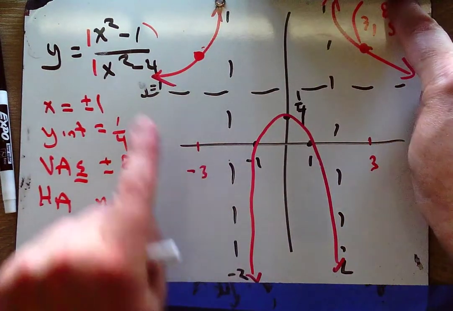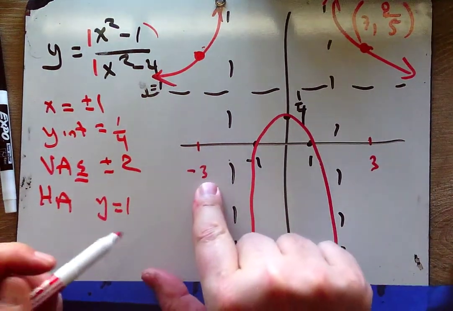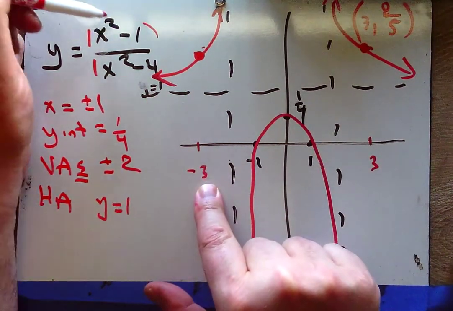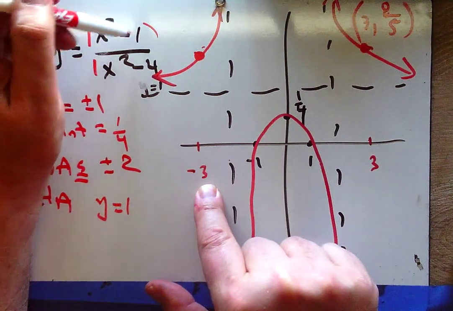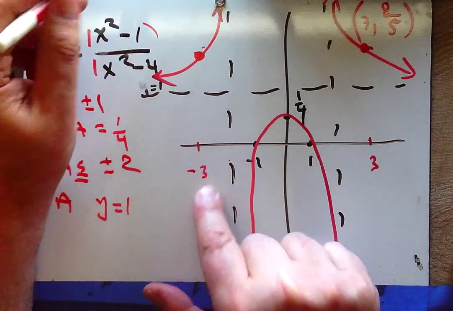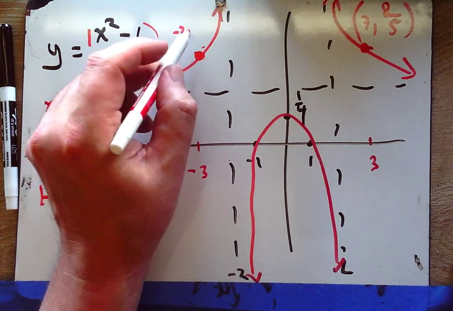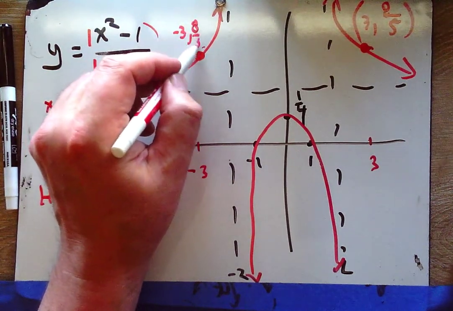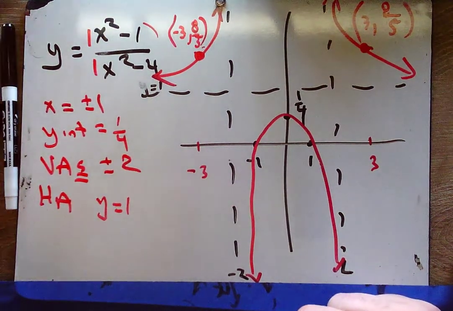Well, 8/5 is definitely bigger than 5/5, or 1. How about if I plug in a negative 3? Well, look, negative 3 times negative 3 is still 9. Minus 1 is 8. And negative 3 squared is still 9. Minus 4 is 5. And so I get the same y value over here. At negative 3, I get a y value of 8/5. And there's my graph.